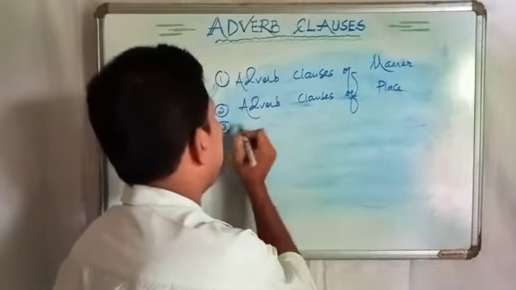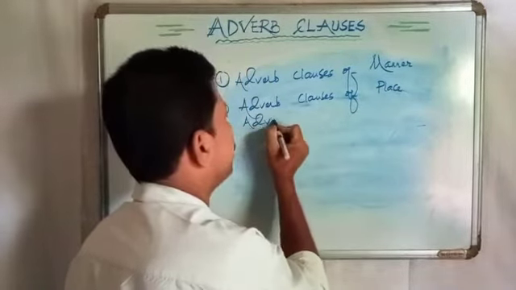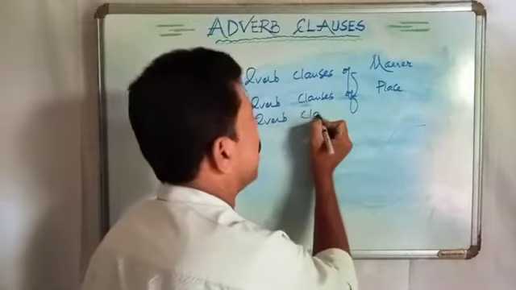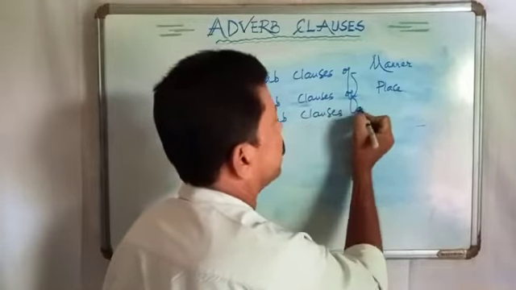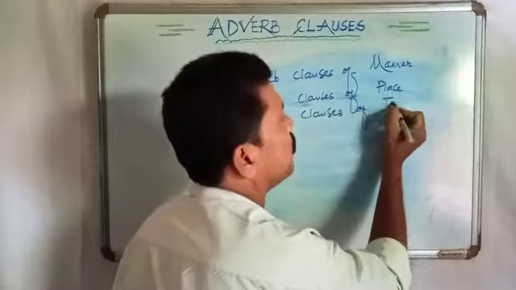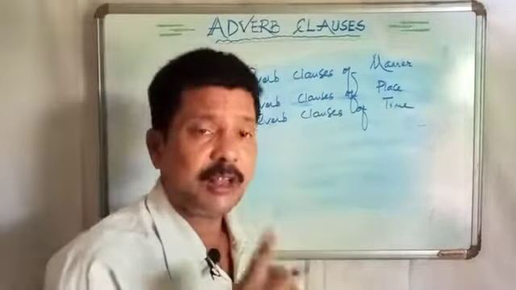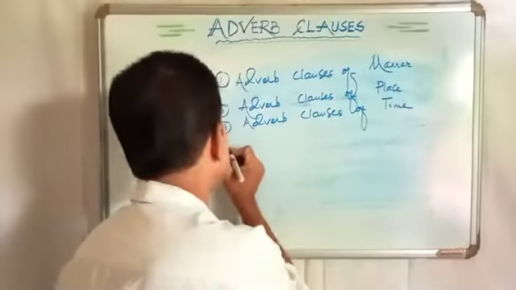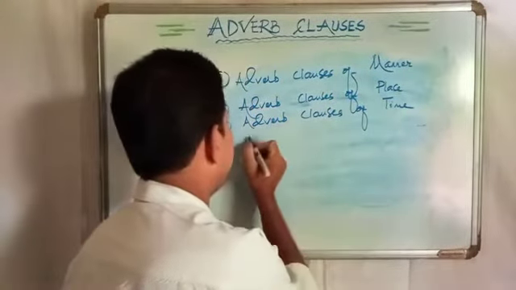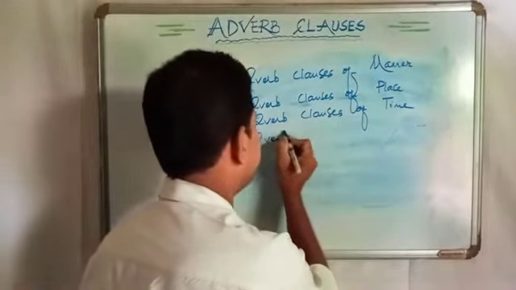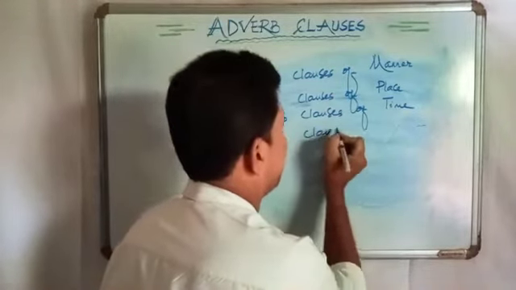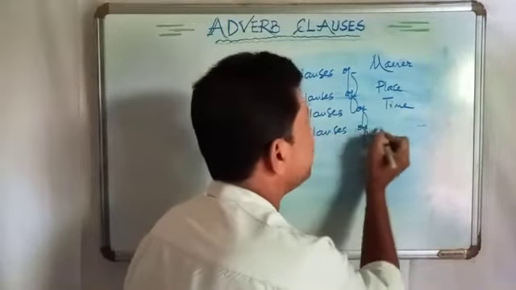Then adverb clauses of time. Now, manner, place, time is over. Then another clause is adverb clauses of reason.